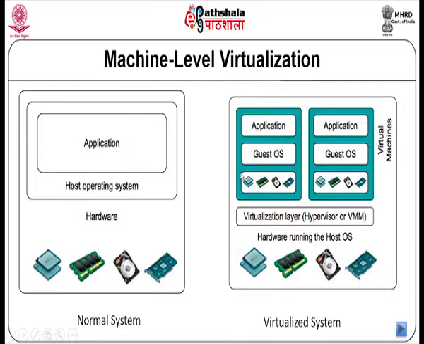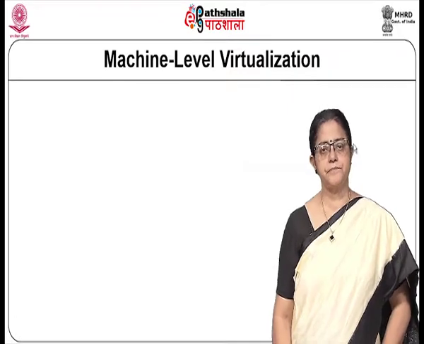On top of that, rather than only the application, we bring in a combination of the application and the specific operating system that the application wants. Along with that, we have virtualized hardware components. This combination is called a virtual machine or VM. This is one VM and the other is another VM. So, a number of such VMs can be brought in.